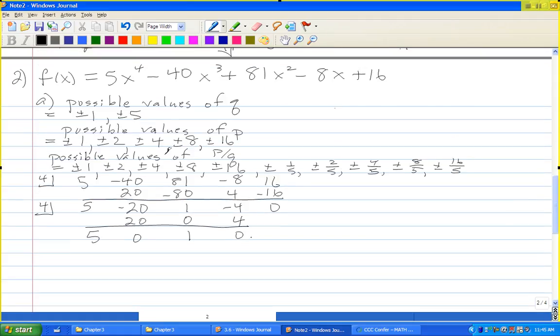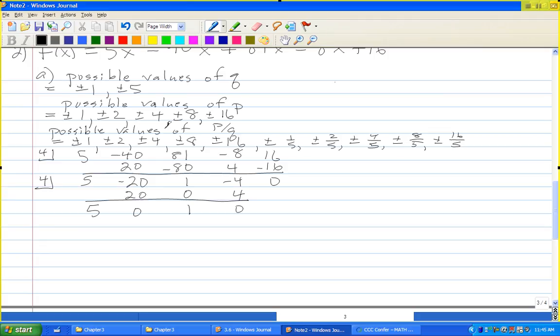So this is equal to, it says find the real zeros. So the real zero is 4. There's only one, and it is 4.